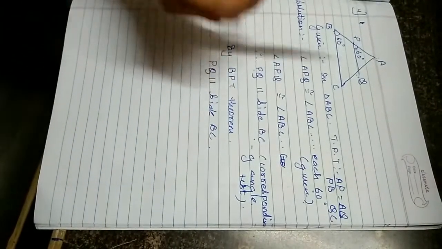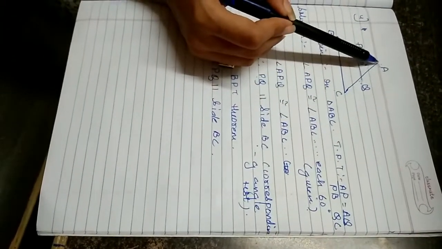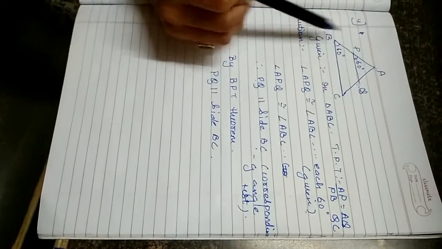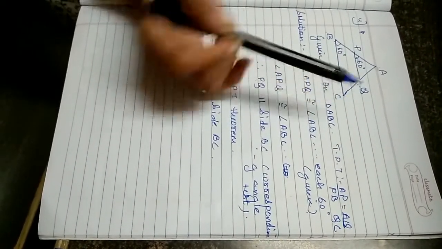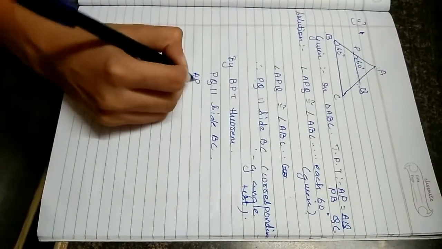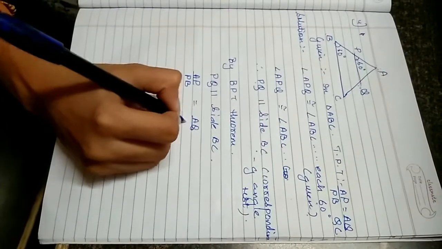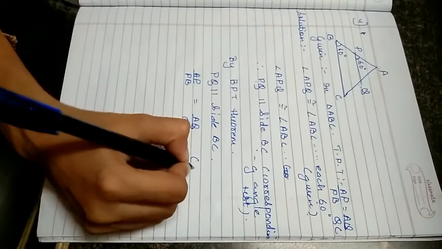Now PQ is parallel to BC, therefore the ratios will be, with vertex A, AP upon PB is equal to AQ upon QC. Hence proved.